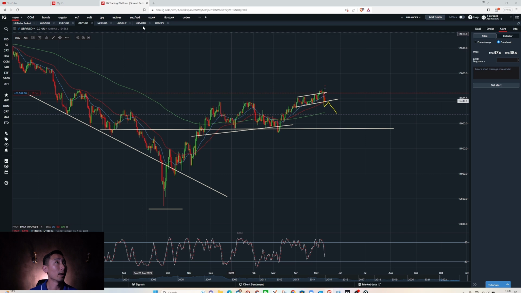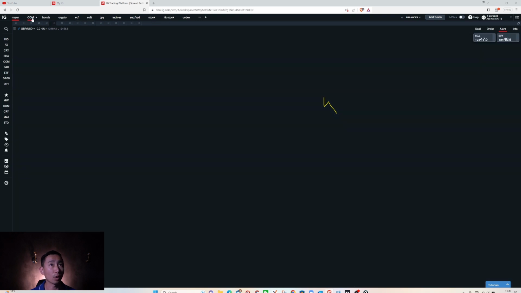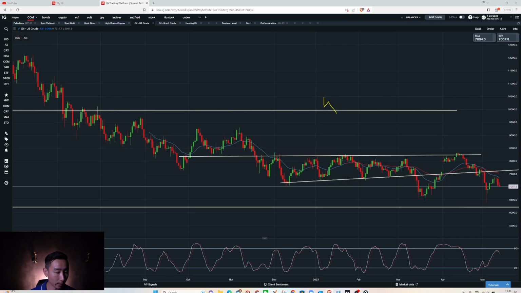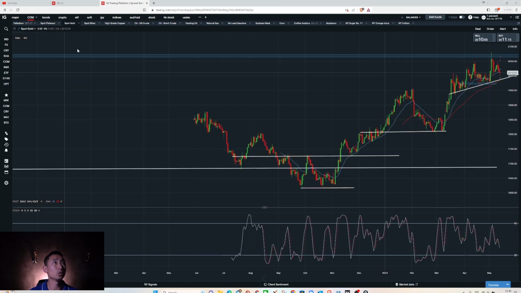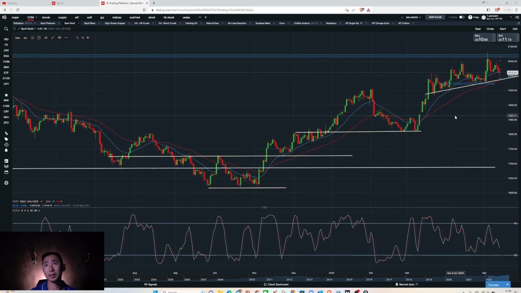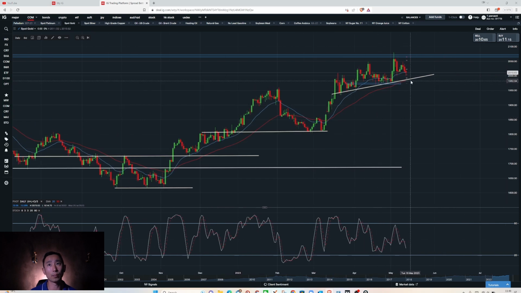Okay, right, the other one I'm not very interested in, so I don't want to waste too much time on that. We'll go through gold and silver a little bit. Gold is still of no interest at the moment. It still needs to break below this 1985 first before I take action.